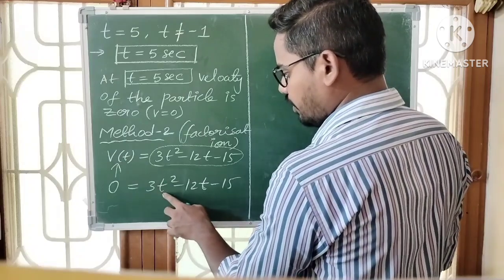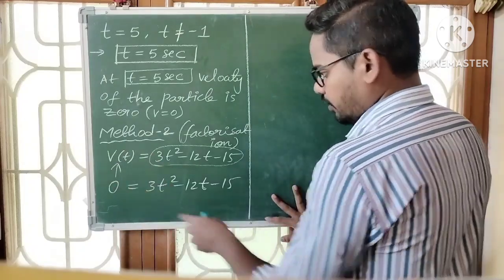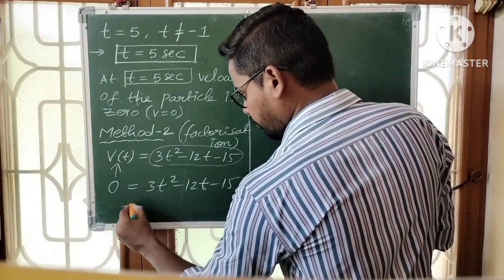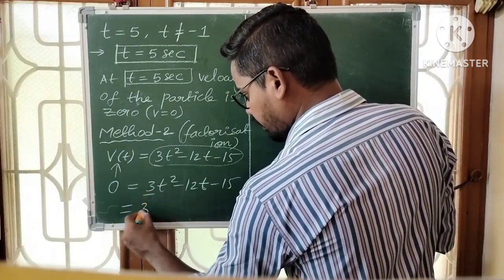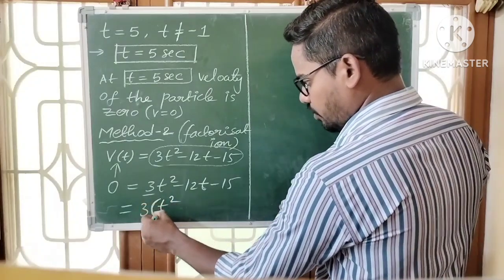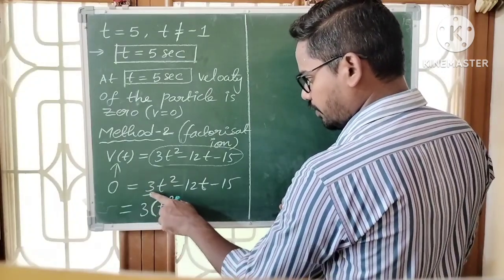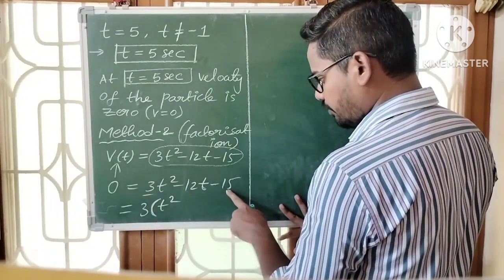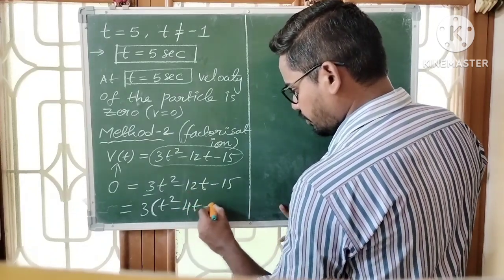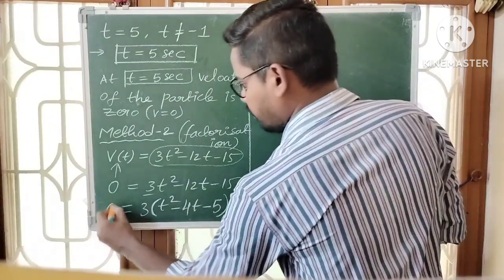See, first of all, what is the common factor among these three terms? Common factor is 3. 3 into t square. Here 3 is the common factor. 3 1s are 3, 3 4s are 12 and 3 5s are 15. So minus 4t minus 5 is equal to 0.